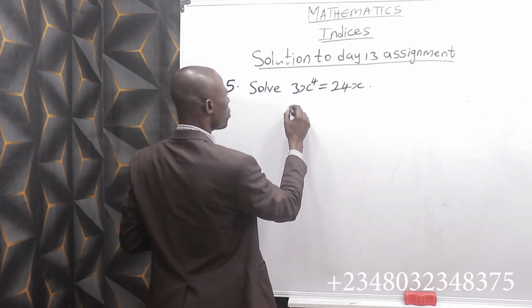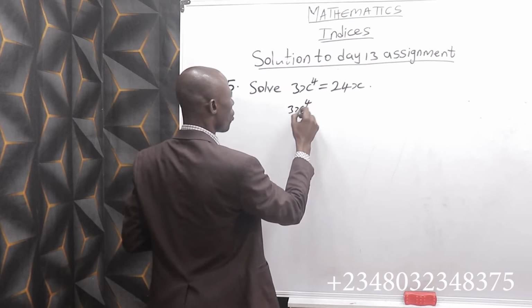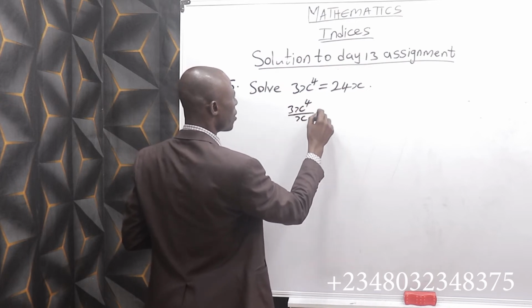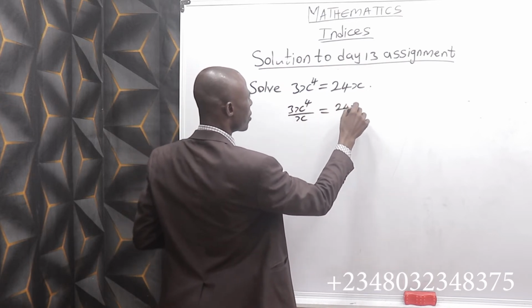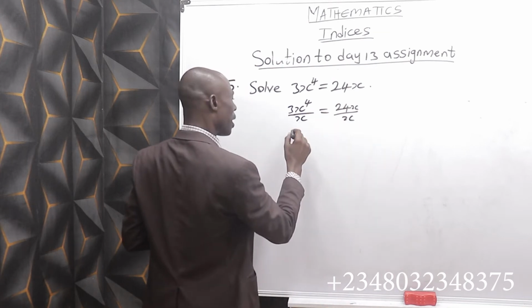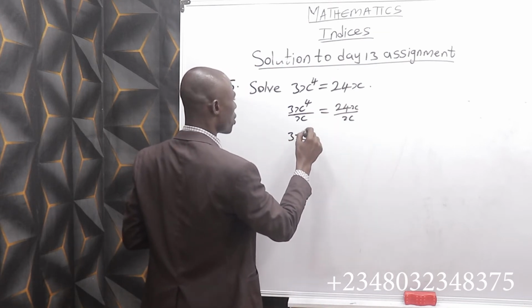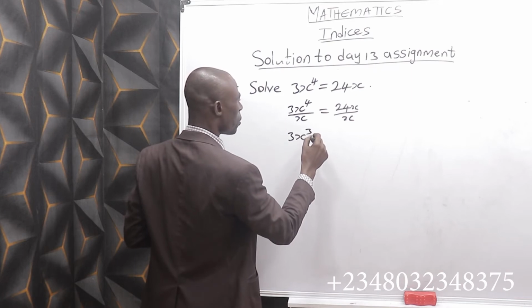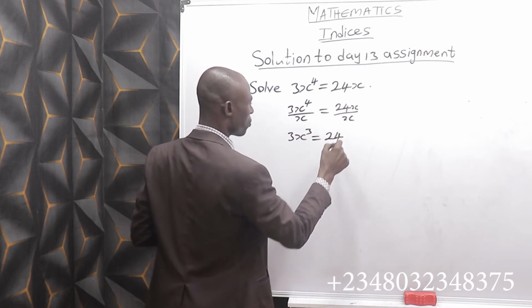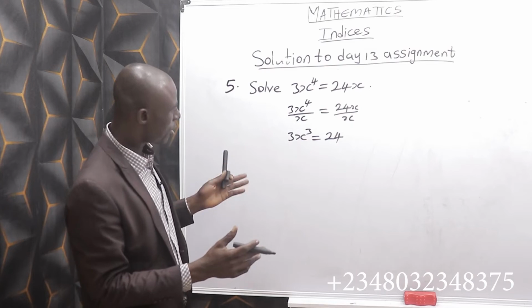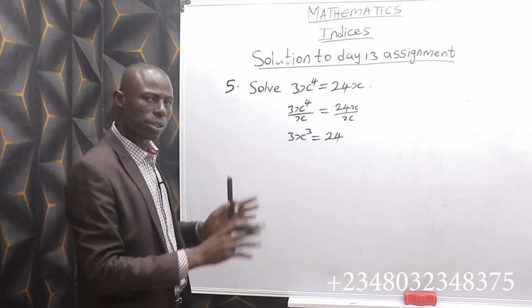So, you have 3x raised to the power 4 divided by x equals 24x divided by x. And that gives us 3x raised to the power 3, which is equal to 24. Next to that, divide both sides by 3.